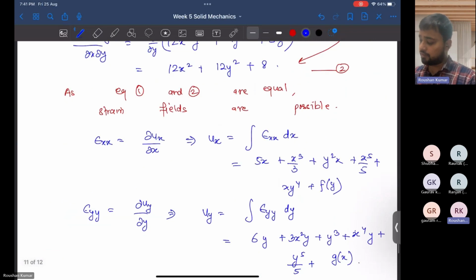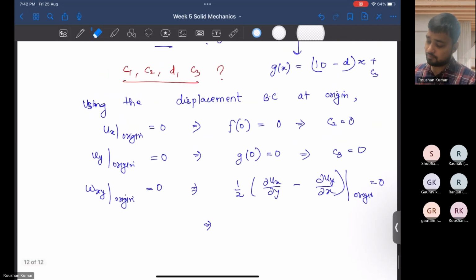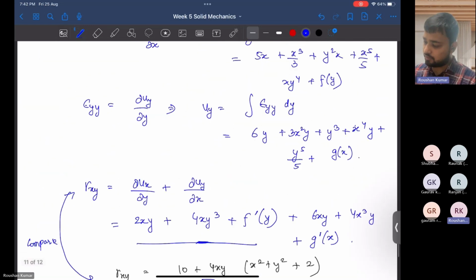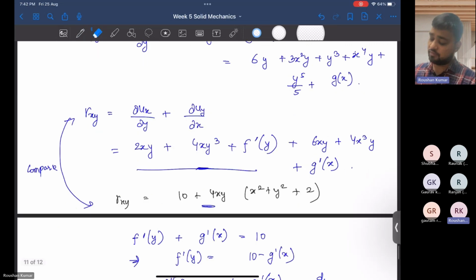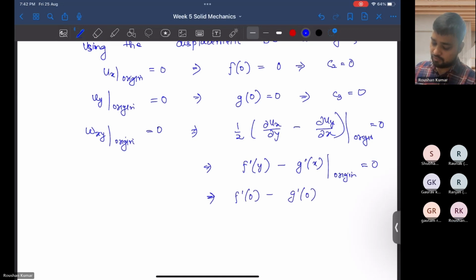At x equal to 0 and y equal to 0, only this will be left here, that is f prime(y), and minus del uy over del x, which is g prime(x), at origin equal to 0. That is f prime(0) minus g prime(0) equal to 0.